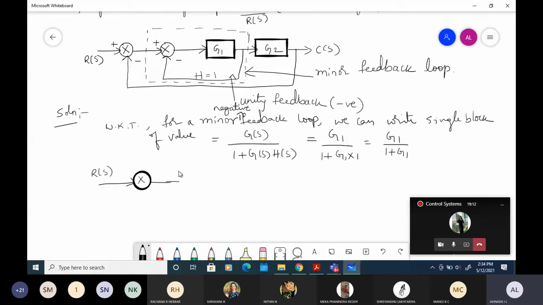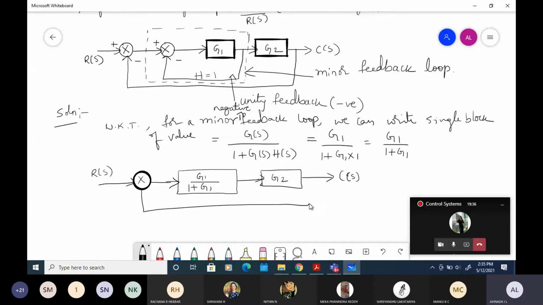Instead of that particular block, I will take one block of value G1 divided by 1 plus G1. And next G2 will be continuing. This will be considered as C of S. Now for this there is a negative feedback from the end, so we'll consider that also. This is the equivalent now.